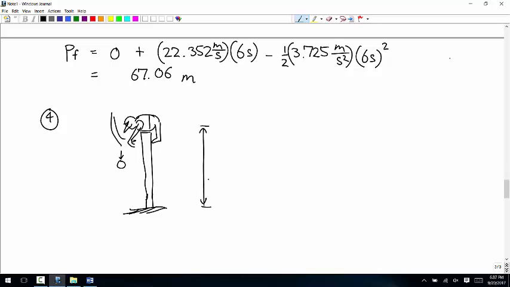Okay, so this is 15 meters. It's released with a speed of 5 meters per second.